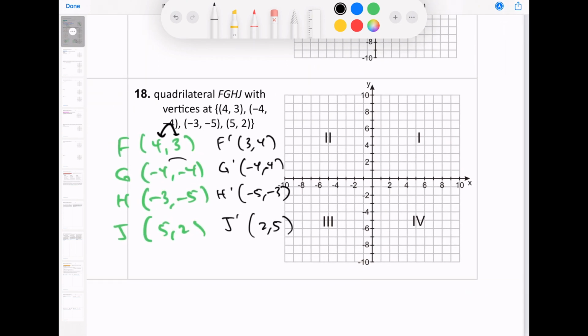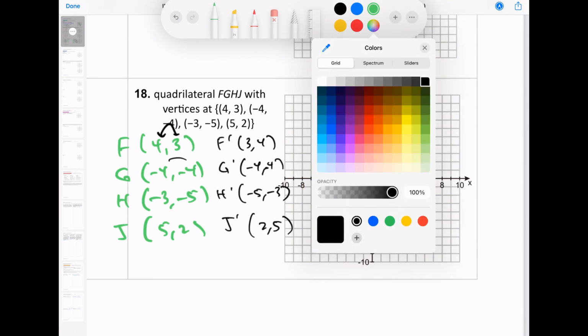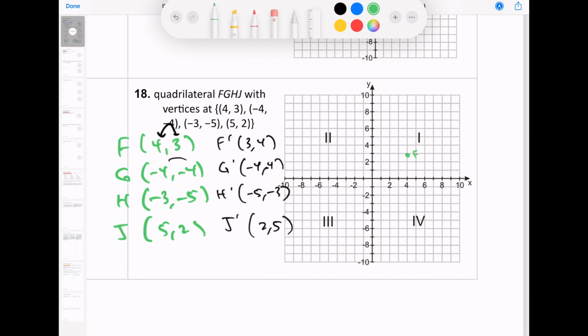I'm going to graph both the green and the orange. So right 4, up 3. F. G, -4, -4. H, left 3, down -5. And J, right 5, up 2. It might look something like this.